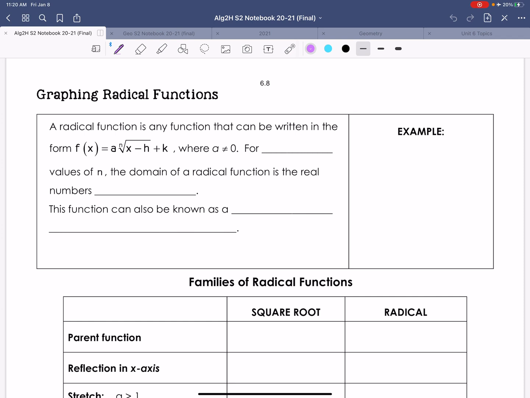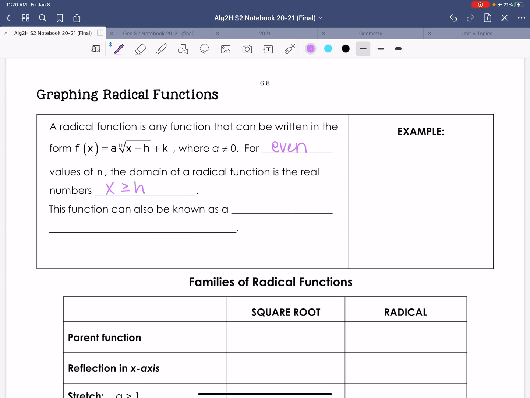So graphing radical functions. It says a radical function is any function that can be written in the form f of x equals a times the nth root of x minus h, plus k, where a does not equal 0. For even values of n, the domain of the radical function is the real numbers x greater than or equal to h.